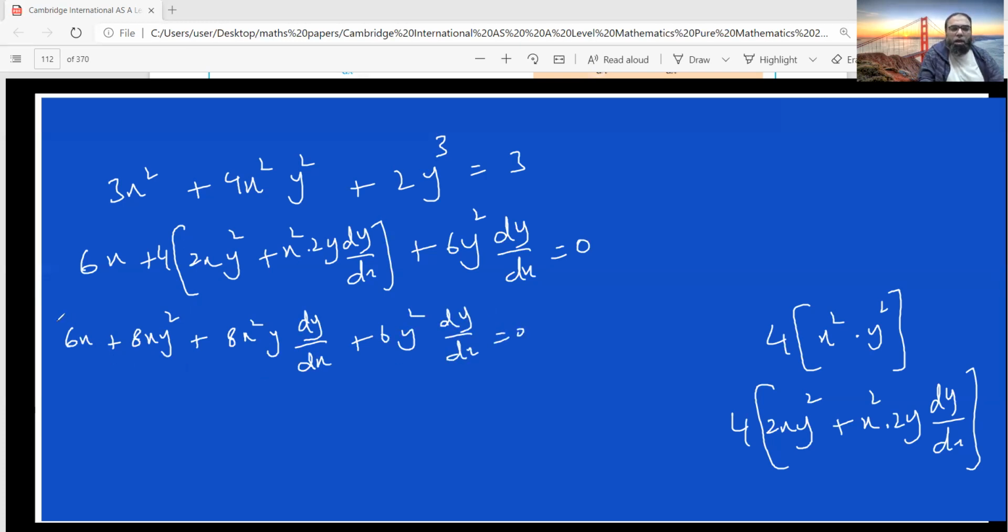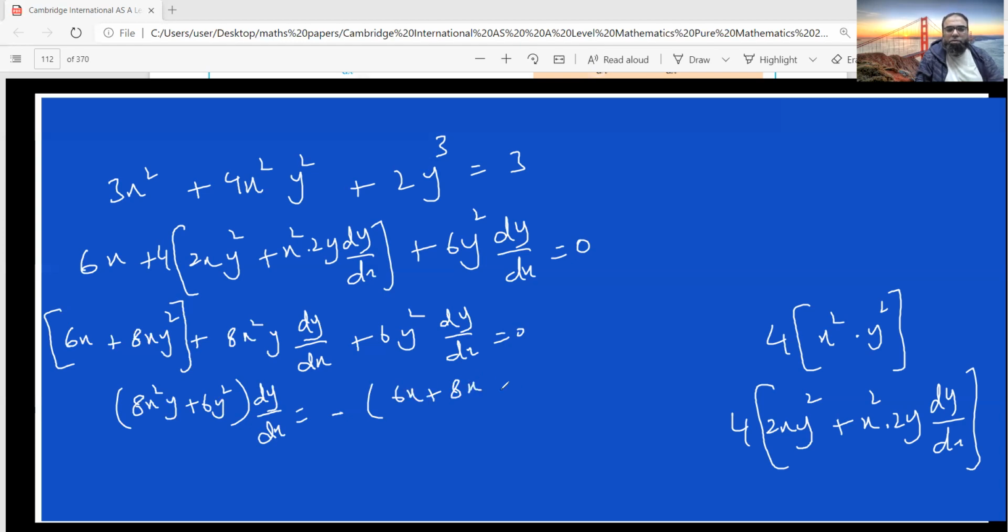I'll move this to the other side of the equation and I'll take dy by dx common from here. So we have 8x squared y plus 6y squared dy by dx. You can write it here, and that is equal to minus 6x plus 8xy squared.